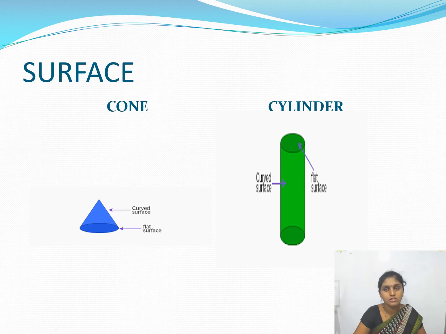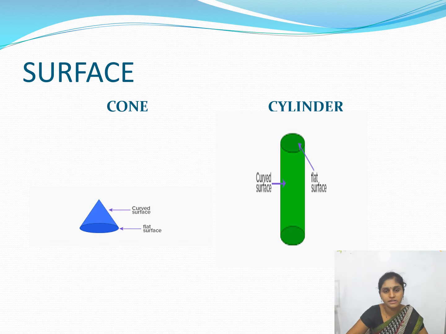What do you mean by curved surface? Curved means it is in a circular form. Flat means it is a plain surface. There is no up and down. It should be flat, plain. So these two types of surfaces we have studied.